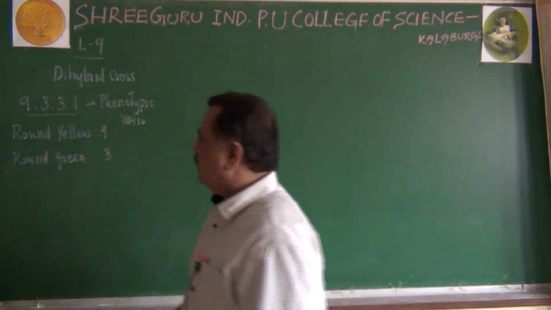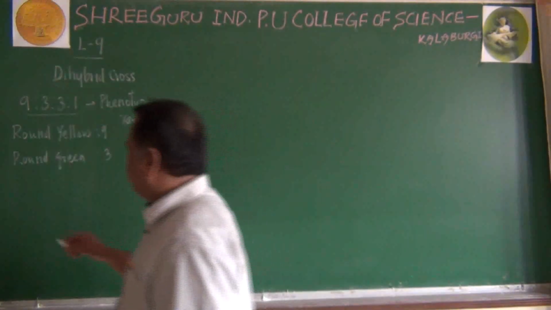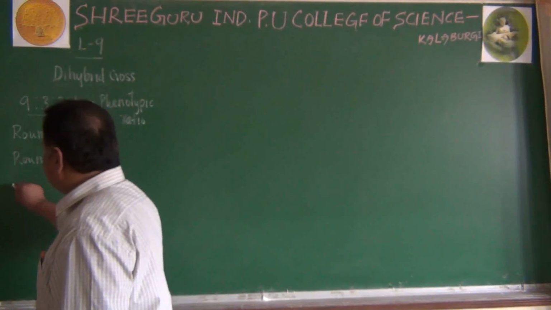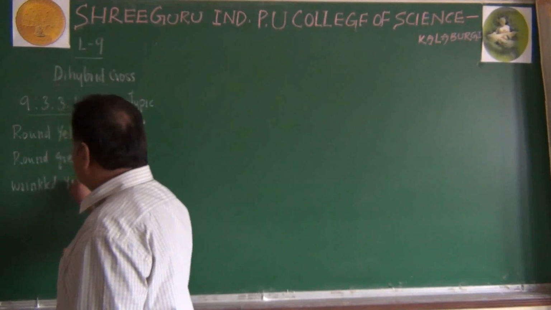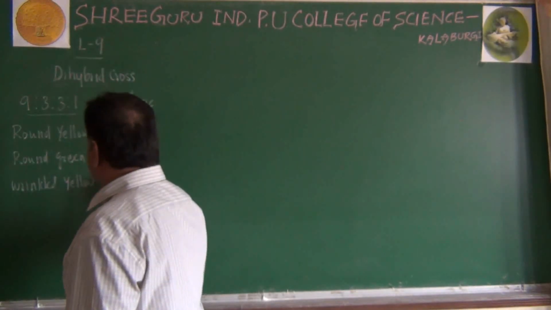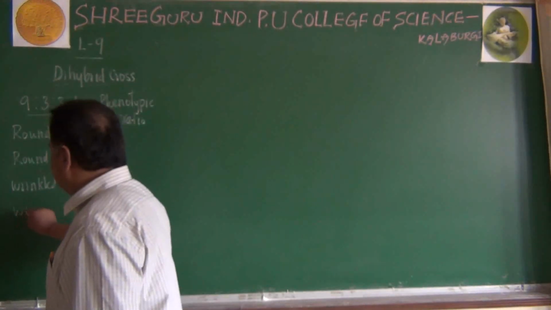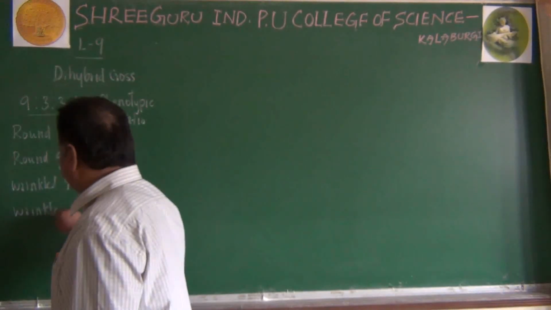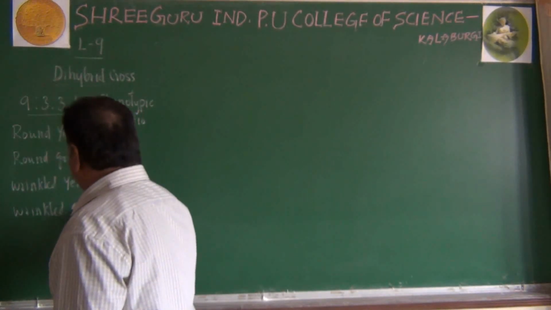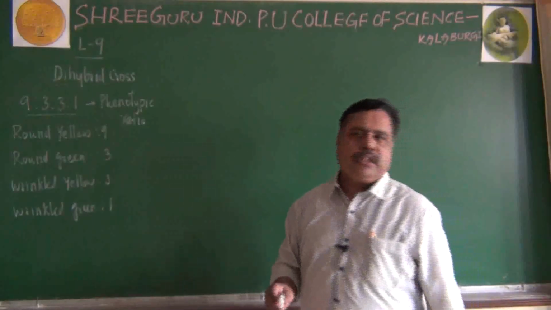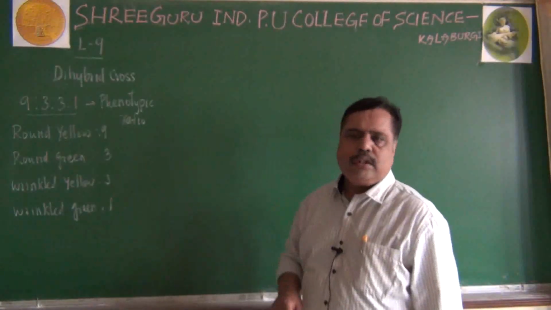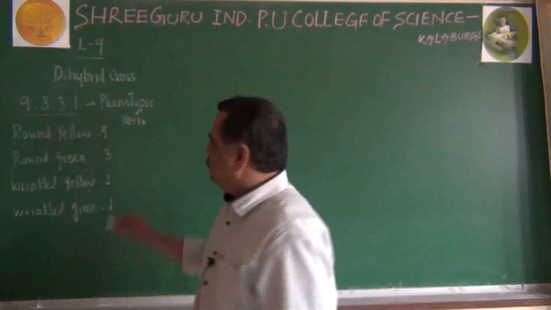As well as wrinkled yellow, which was around 3 times, and wrinkled green was around 1 time. This is the expansion of the 9:3:3:1 ratio.